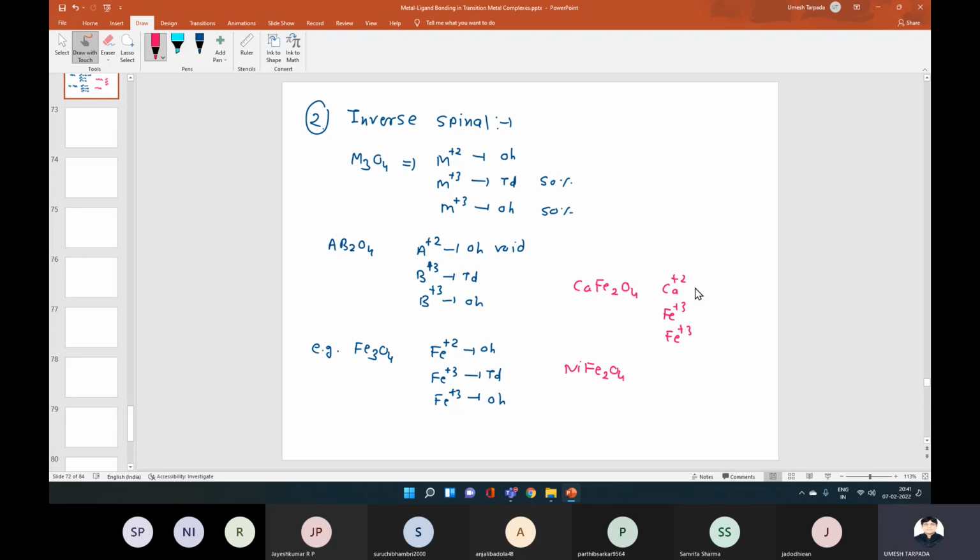So what happens? Ca+2 occupies the octahedral void, and Fe+3 occupies one tetrahedral and another octahedral void. Again, NiFe2O4, the two Fe-containing compounds, are examples of this type of structure.